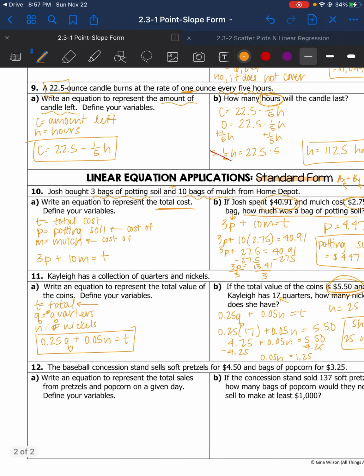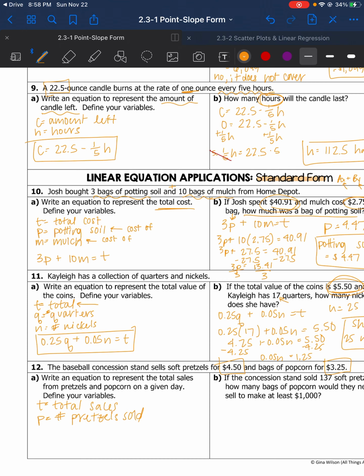All right, last problem here. The baseball concession stand sells soft pretzels for $4.50 and bags of popcorn for $3.25. Write an equation to represent total sales from pretzels and popcorn on a given day. Okay, so T is equal to total sales.